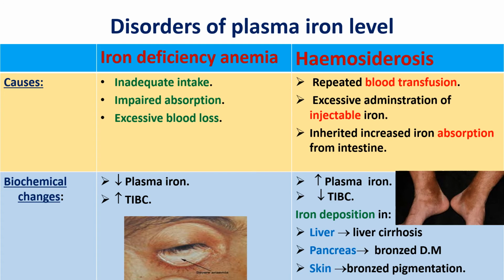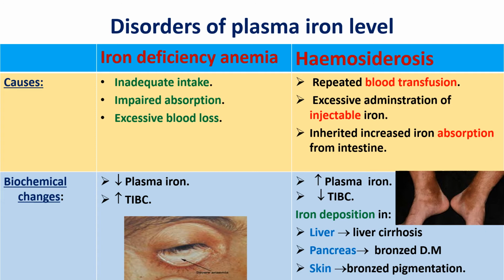So either the iron is deficient in the diet, or it's ingested but not absorbed properly, or there is excessive blood loss, okay? While hemosiderosis is increased iron.